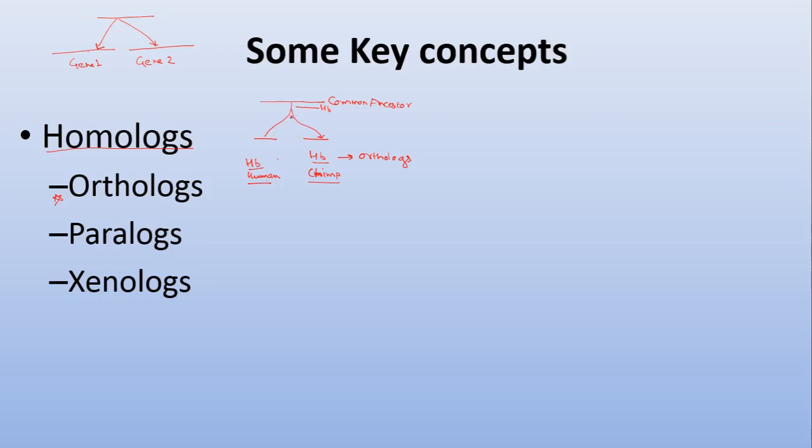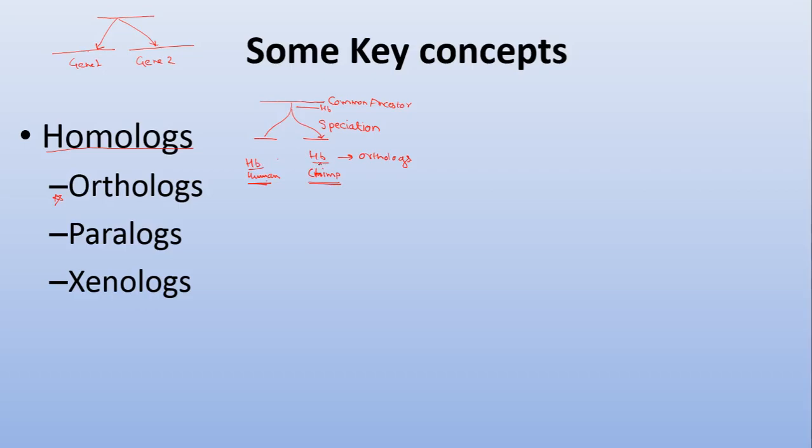But in due course of evolution, a speciation event happened. Due to the speciation event, two species evolved from a common ancestor, humans and chimpanzees, and the same hemoglobin gene was retained in both species and still performs the same function in two different species, right?